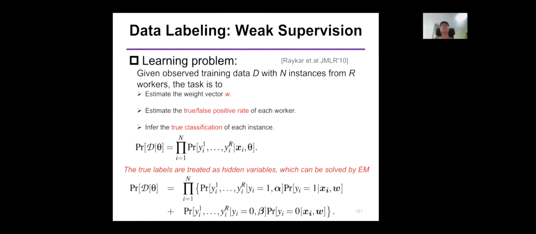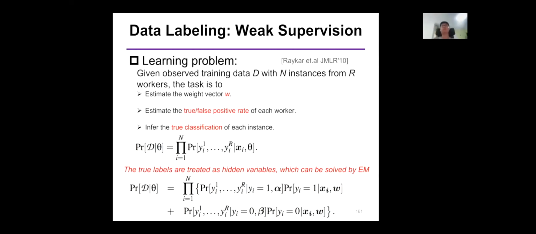Then we come to weak supervision. The first part is learning from imperfect labels. Crowdsourcing also generates many imperfect labels. Given one object, you ask five workers to label it, you get five answers, and you infer based on that.